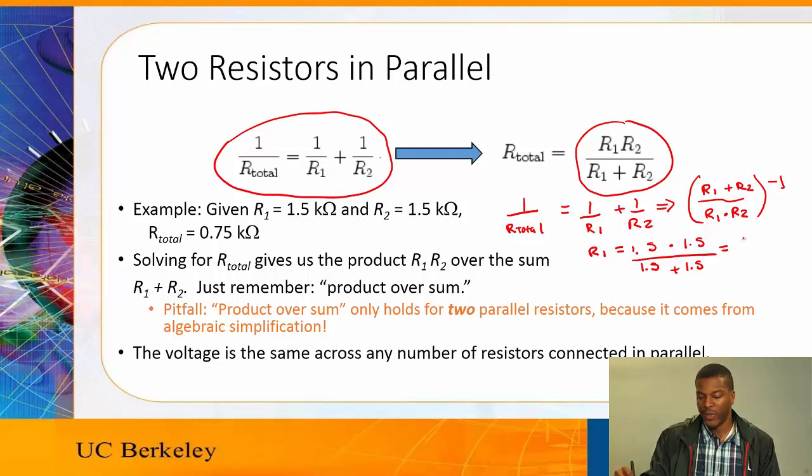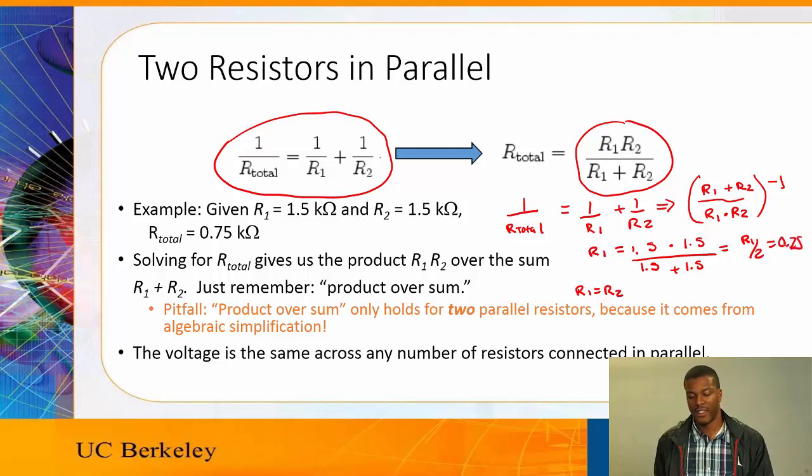This turns out to be actually half. Since R1 equals R2, R total actually equals half of R1 and R2, which is 0.75.